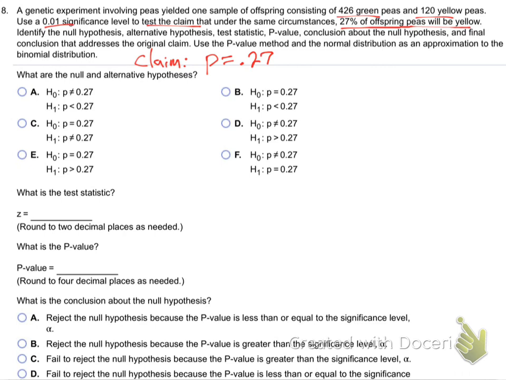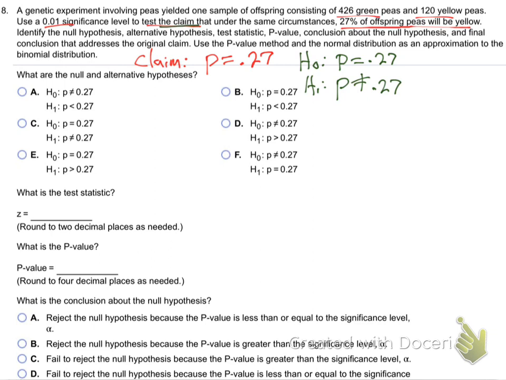So you know what we do next, right? We write the null and the alternative. The null, remember, is always equals, so that's p equals. Always equal for the null. So what's the alternative? If the null is equals, the alternative is not equals, because it doesn't say greater or less anywhere.